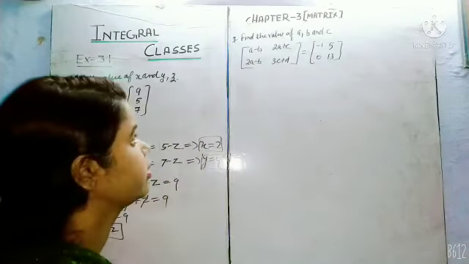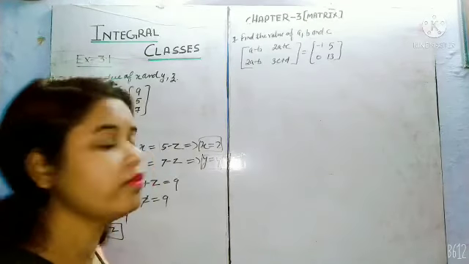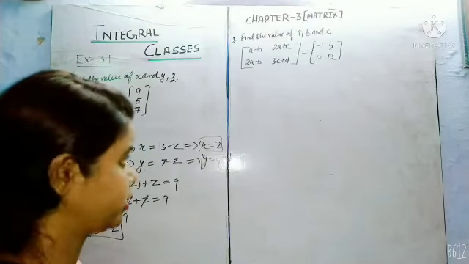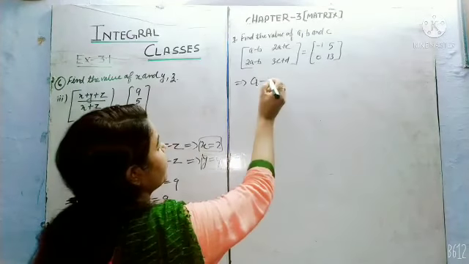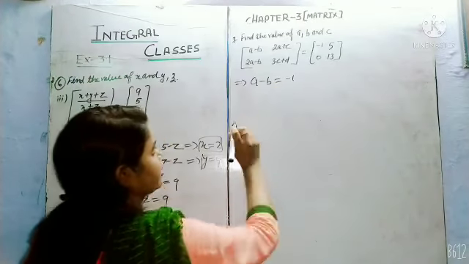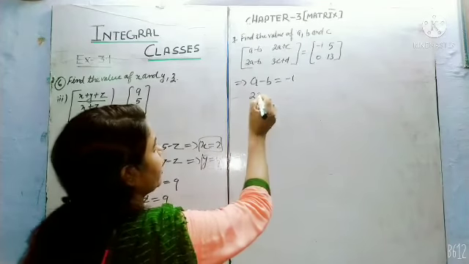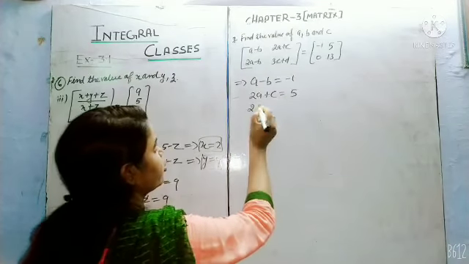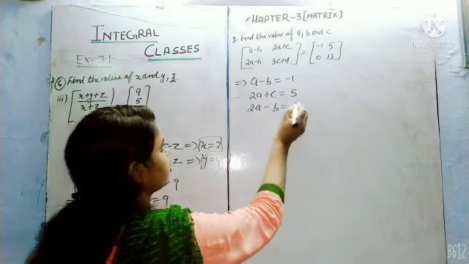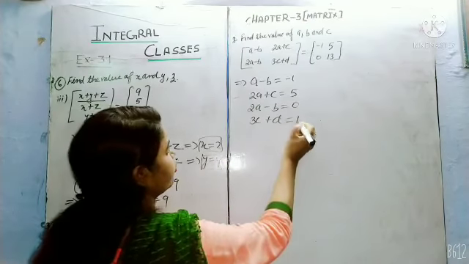Again we have two matrices that are equal, then the corresponding elements are equal. We will use this property, student. So here A minus B equals -1. The second equation is 2A plus C equals 5, and 2A minus B equals 0. Then 3C plus D equals 13.